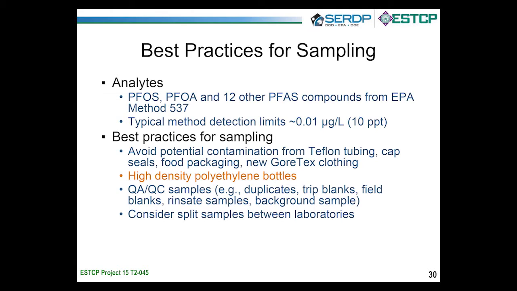Some of the best practices for sampling based on the excellent work that the Air Force has done include avoiding Teflon tubing, cap seals, food packaging, and new Gore-Tex clothing just to avoid background concentrations, because background concentrations can account for fairly significant levels of PFAS in samples.